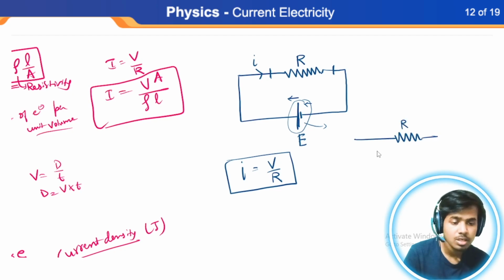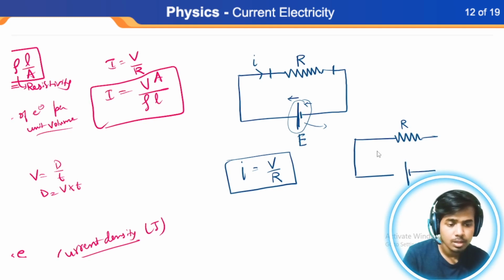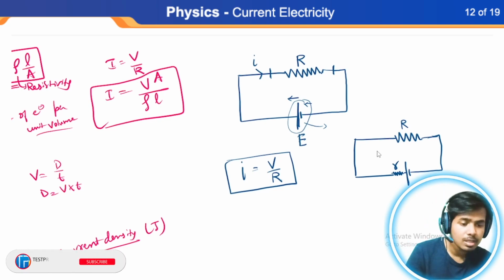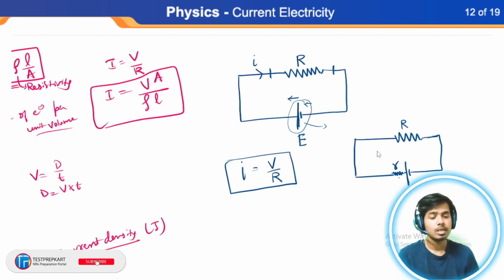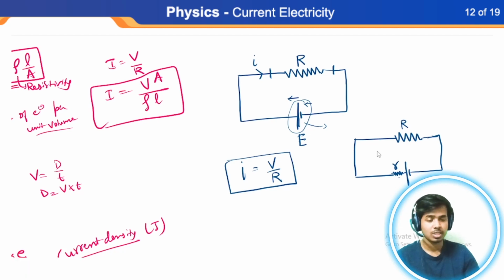This is the external resistance. This is the battery, and I'll just draw a small r. This means that small r is the internal resistance of the battery, although it has been shown externally.